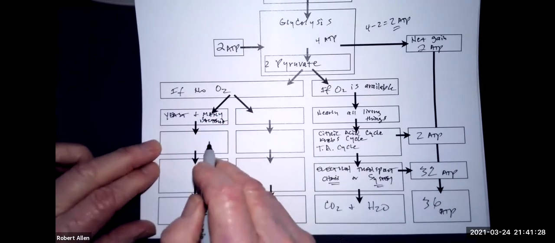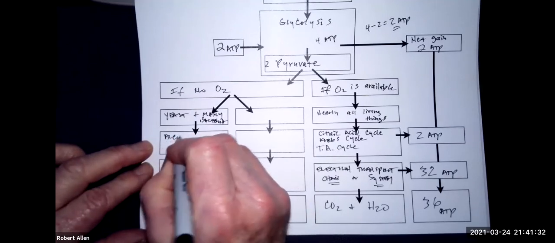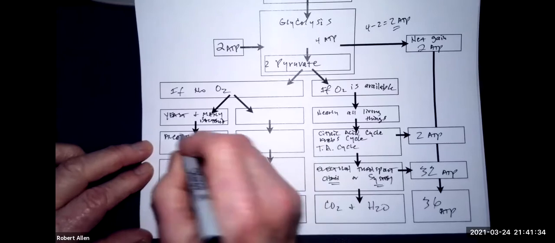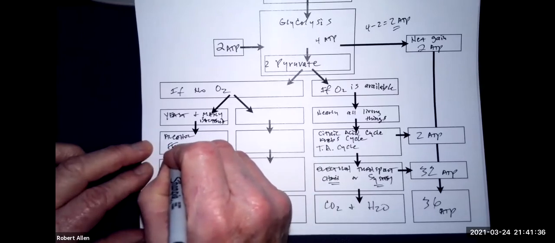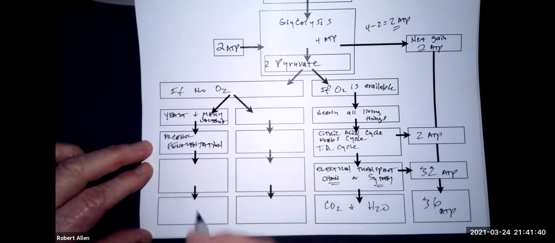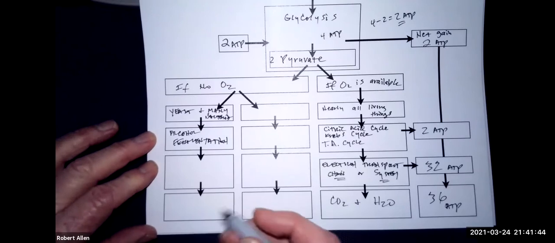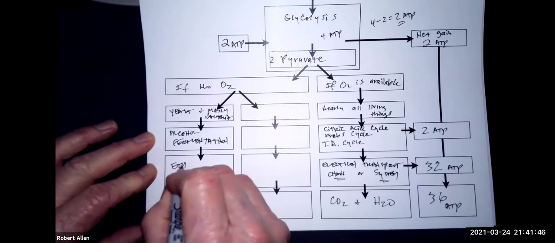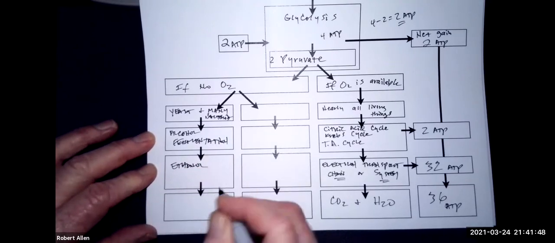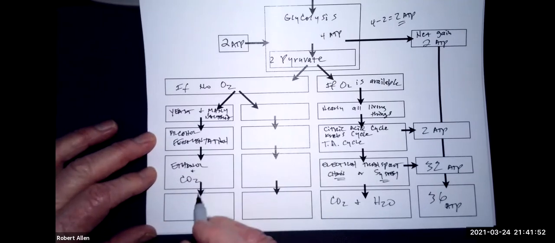They go through a process called alcohol fermentation. Alcohol fermentation. There we go. All right. Which produces a chemical called ethanol and carbon dioxide.